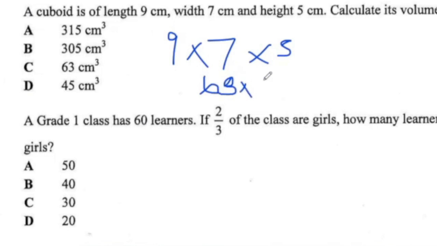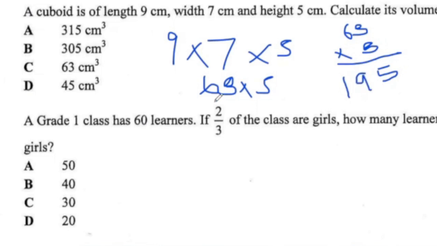times 5. Okay, so what I can do is I can write 63 here. The handwriting is so big. Okay, so I'm going to write 63 times 5, then close, then we say multiply, then 5 by 3 will give me 15, so I'm going to write 5, carry 1, 3 by this will give me 18 plus 1, it's going to be 195.